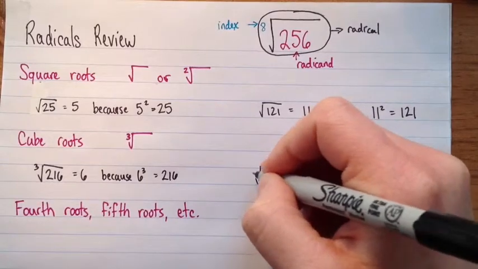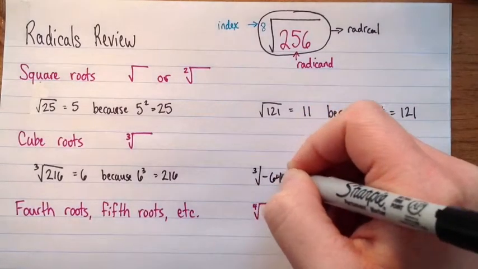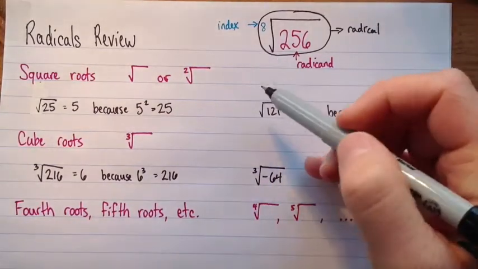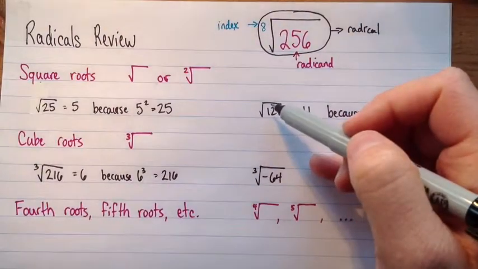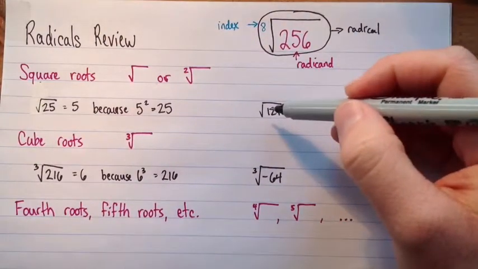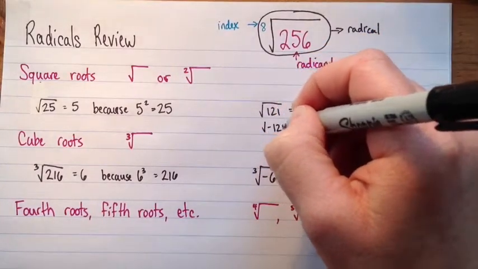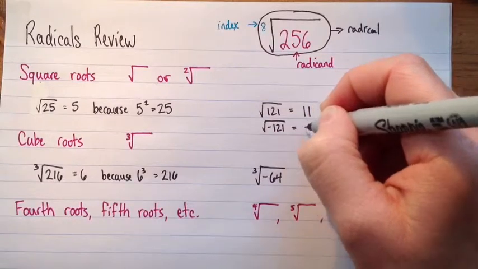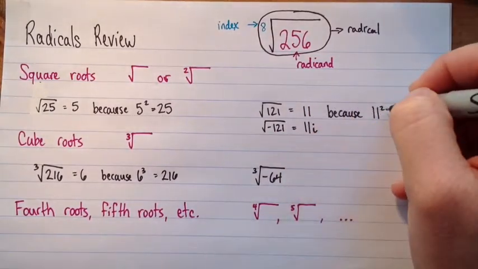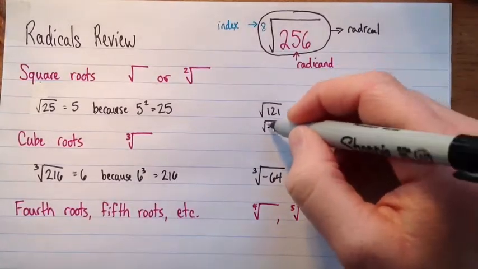Now what if we had the cube root of negative 64? So it's interesting to note that the square root of a negative number is not a real number. For example, the square root of negative 121, I'll write this underneath, is 11i, because 11 squared is 121, and i squared is negative 1.